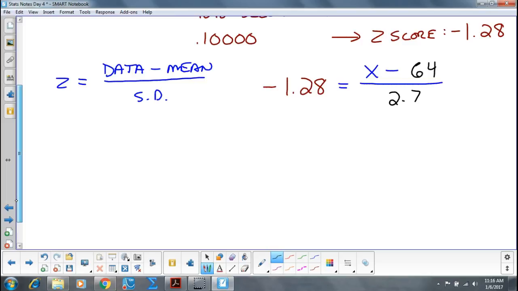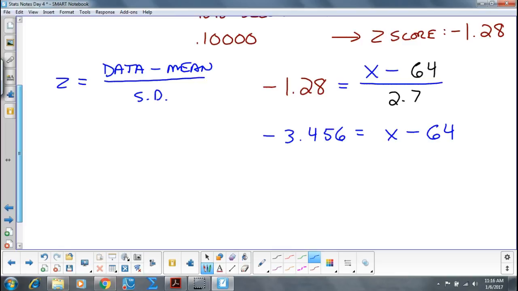Multiply by what? Multiply both sides by 2.7. Okay, so I go negative 1.28 times 2.7. That gives me negative 3.456 equals x minus 64.